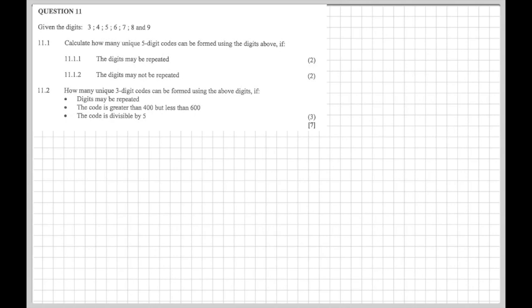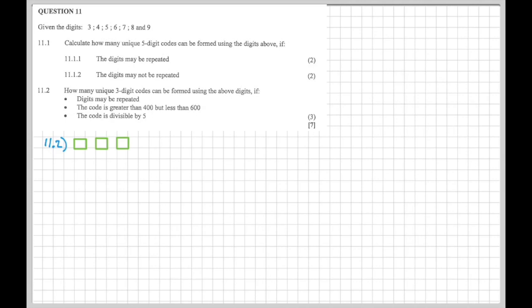When I move over to question 11.2, I'm going to ask myself this question: how many unique 3-digit codes can be formed using the above digits if digits may be repeated, the code is greater than 400 but less than 600, and the code is divisible by 5? So what I'm going to do step by step is I'm going to first of all draw up my 3-digit code.